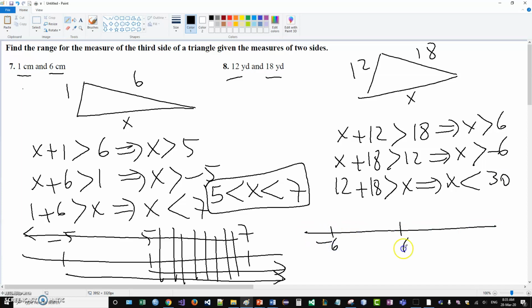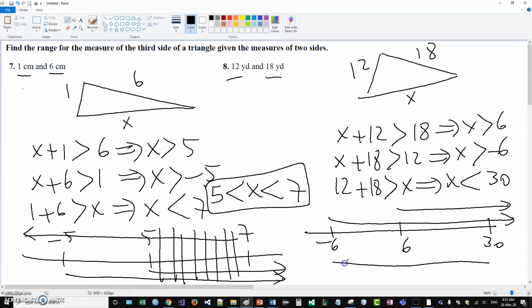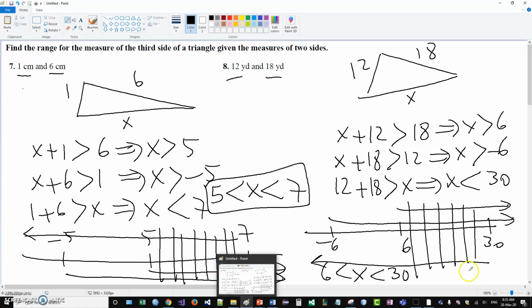Minus 6, 6, 30. So greater than 6, greater than minus 6, and less than 30. Common area is x between 6 and 30. Alright, pause the video and try to again do this yourself.